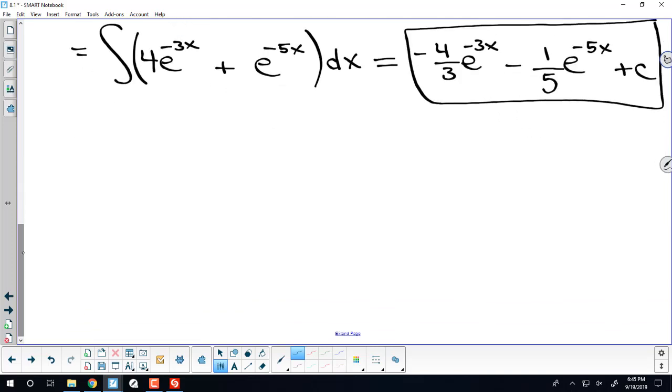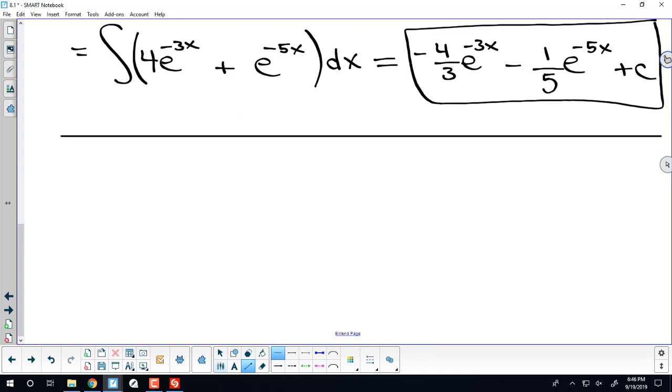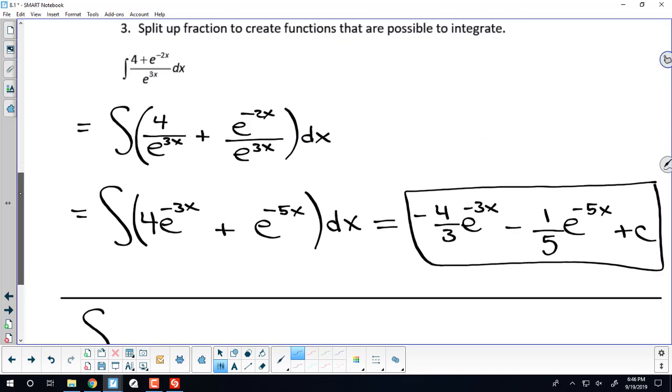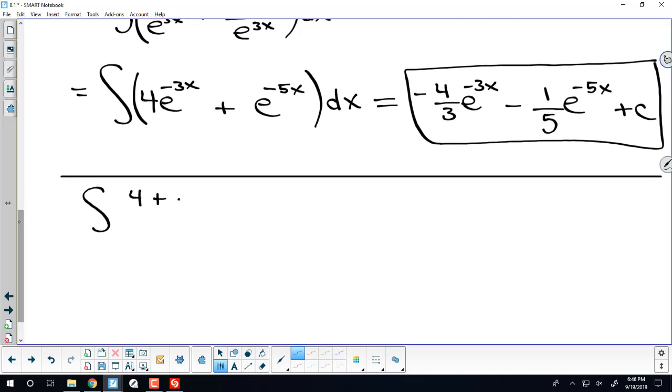So let's rewrite this here for our second approach. We've got 4 plus e to the negative 2x over e to the 3x.